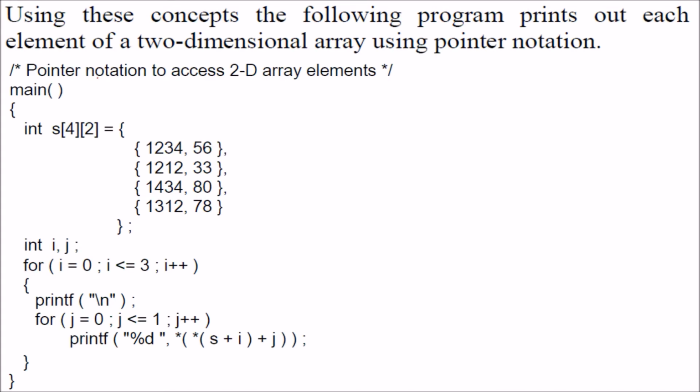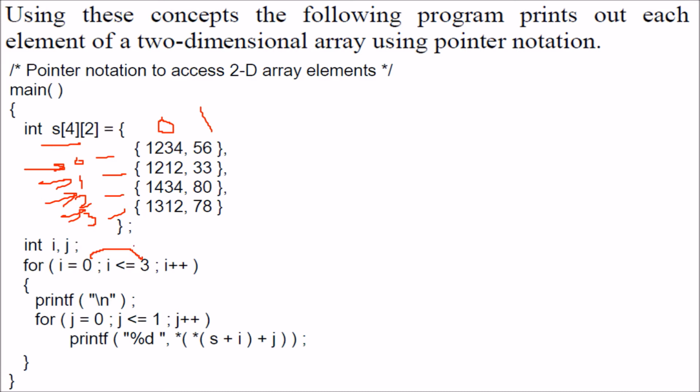Now we will use pointer notation to access 2D array elements as I just explained. We have an array s[4][2], so there are 4 rows 0, 1, 2, 3 and 2 columns 0, 1. We start from 0 to 3, dealing with the rows.